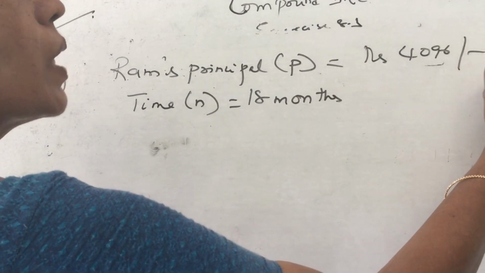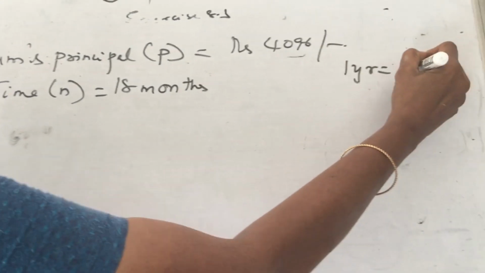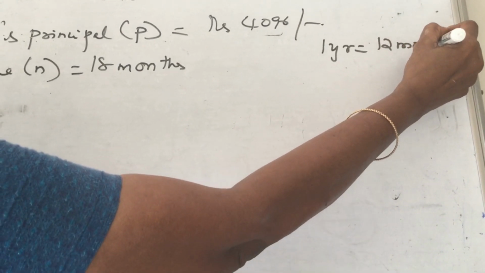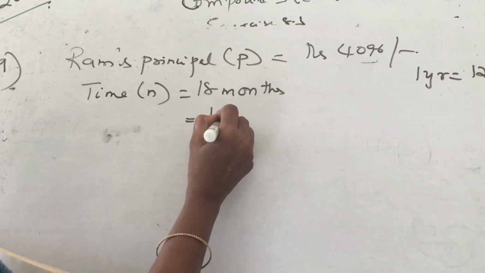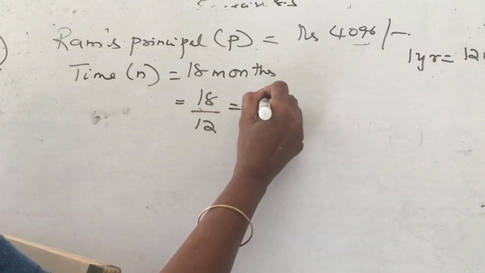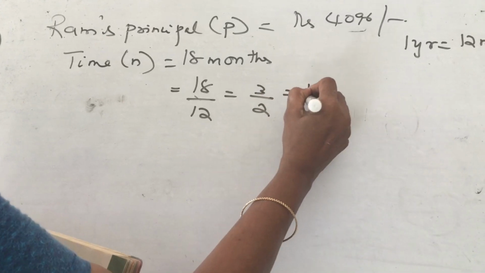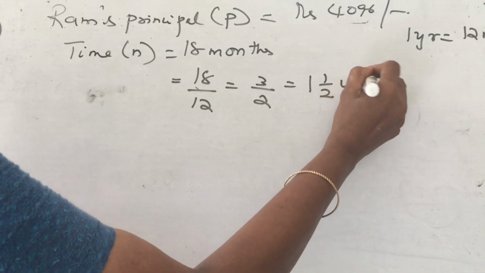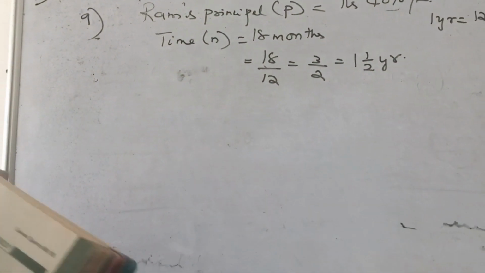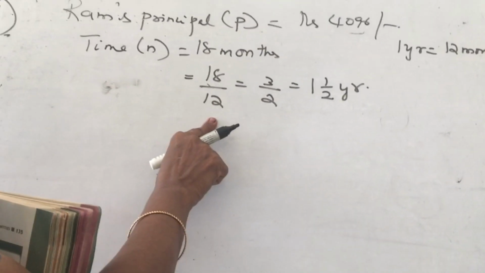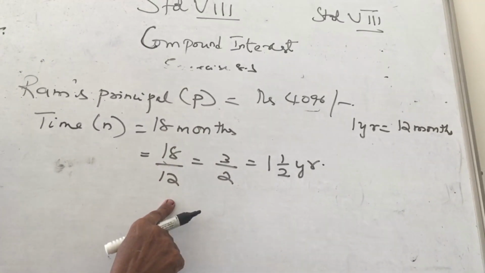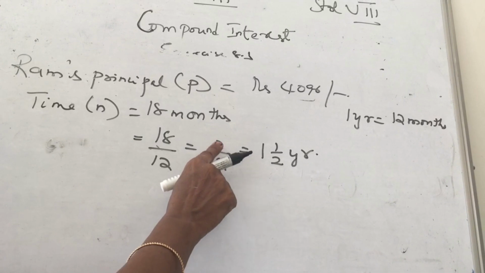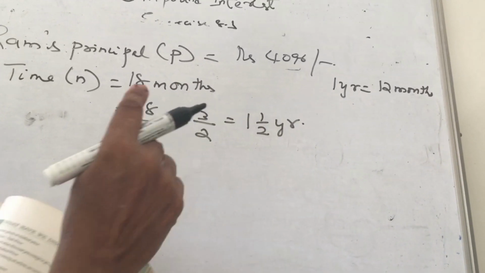How many months make a year? 1 year is equal to 12 months. 18 months means what? 18 by 12, 3 by 2, that is equal to 1.5 years. Months to years, divide by 12.